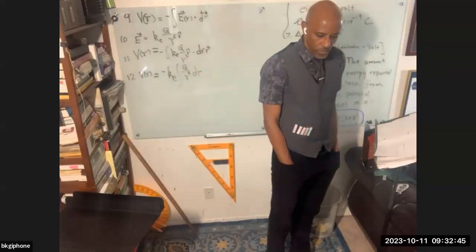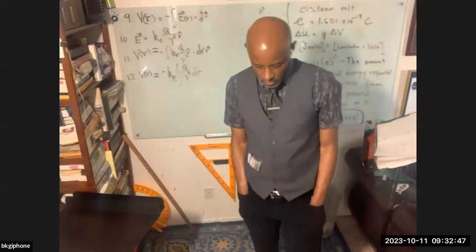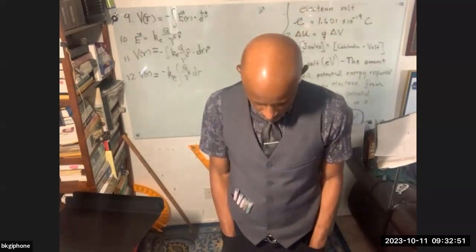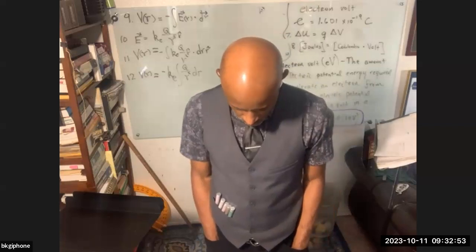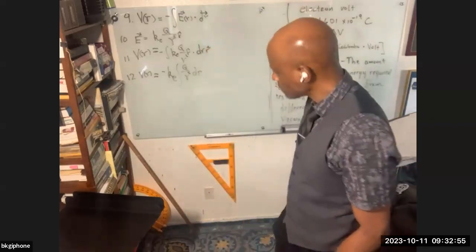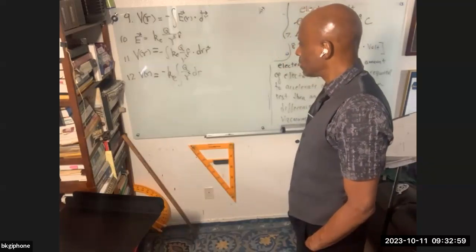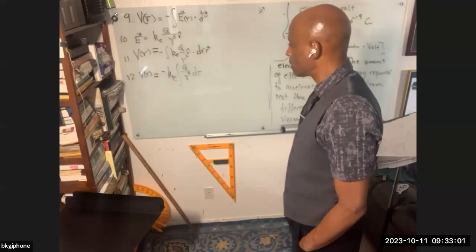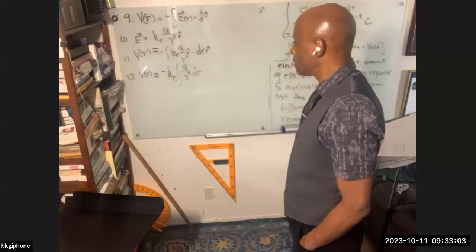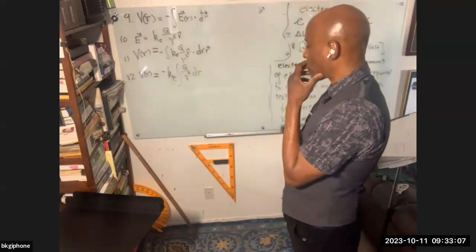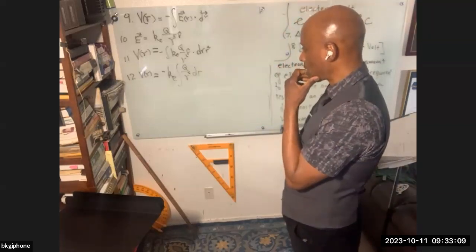When we write this equation, we write it in terms of charge, the differential in terms of charge, not in terms of coordinate. So I really need to write it in terms of dq and not dr.